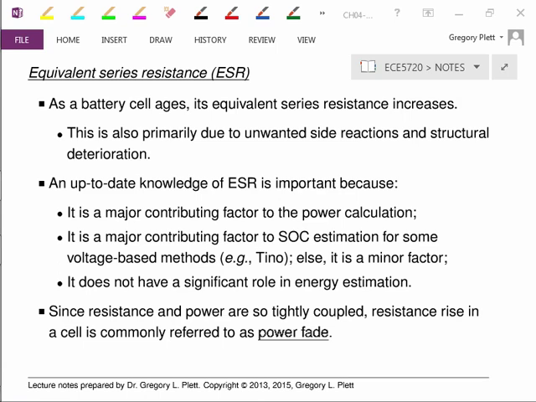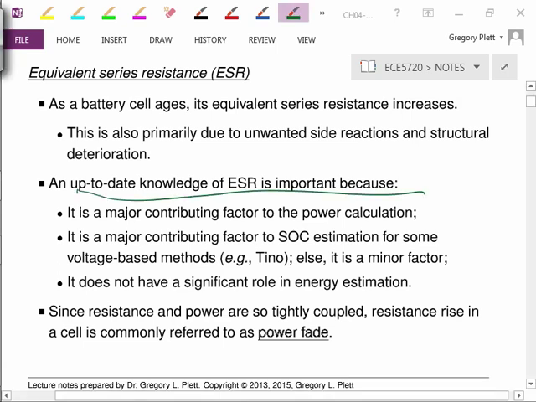So why do I care about resistance? Why do we need up-to-date knowledge? Well, it's a major factor in the power calculation. We saw a simple way to do power calculation in Chapter 1, and I may not remember this exactly, but it's something like discharge power is going to be V min times OCV minus V min over R discharge, which is not exactly the same thing as R0, but it's close, it's related to that.